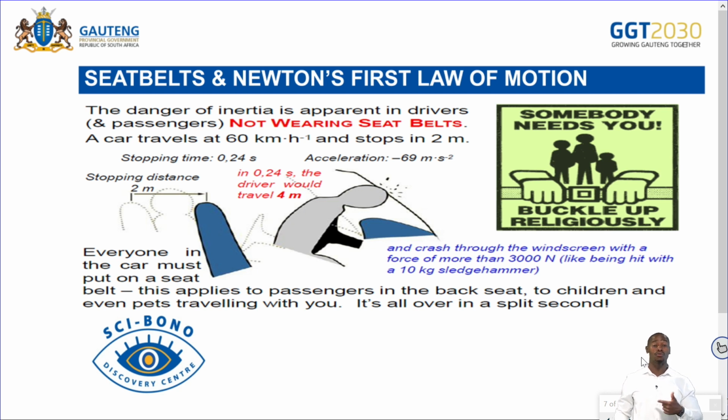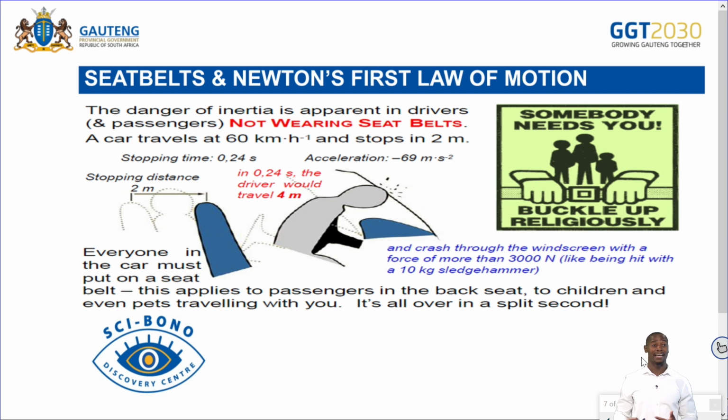So the car is going to stop. Then what will happen to the passengers? The passengers will move at a speed of 100 or 150 kilometers per hour forward. So obviously, if you are not wearing a seat belt, you are going to experience injuries.